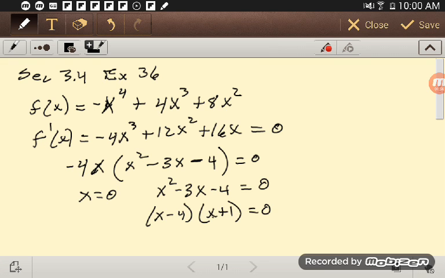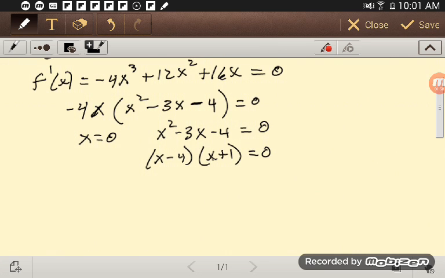Perfect. So x minus 4 equals 0, or x plus 1 equals 0. So we have that x could be 4 and x could be negative 1. So there are all our first order critical numbers.